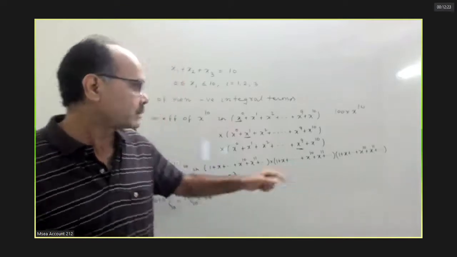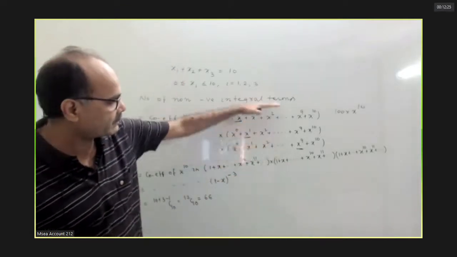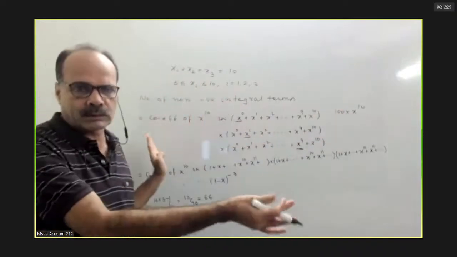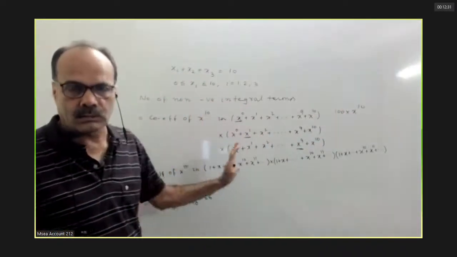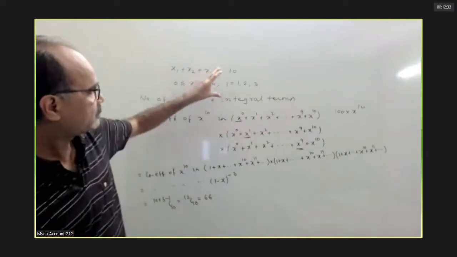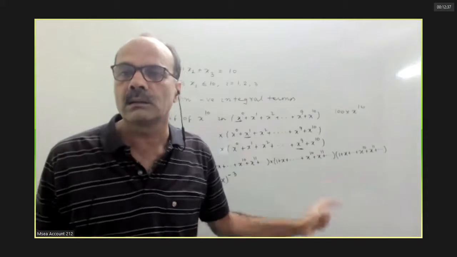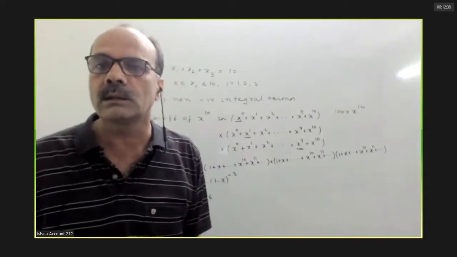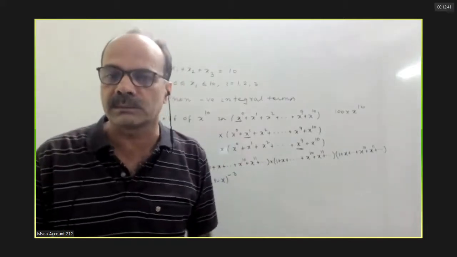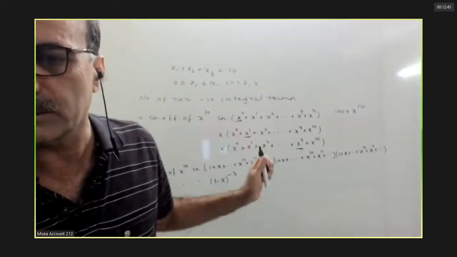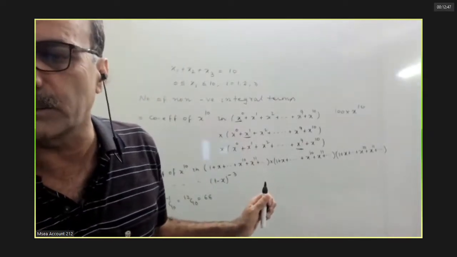So if the coefficient of x to the power 10 in the product is 100, other terms will also be there, but we don't bother about that. It means the number of solutions of this mathematical model will be 100. I'm just telling you an example, it's not 100.